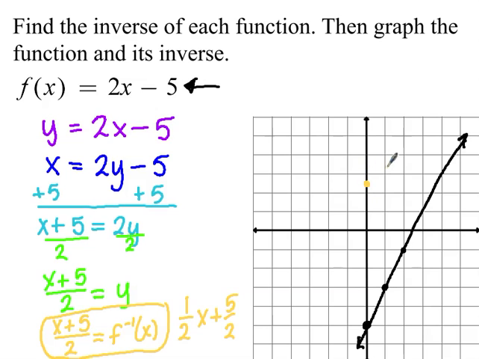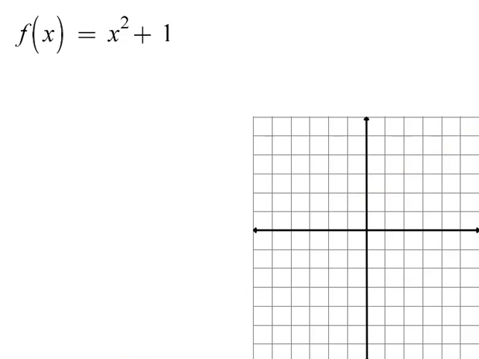So up 1 over 2. And so here we go. This is what it's going to look like. What do you think so far? Not too bad? Let's look at another one.